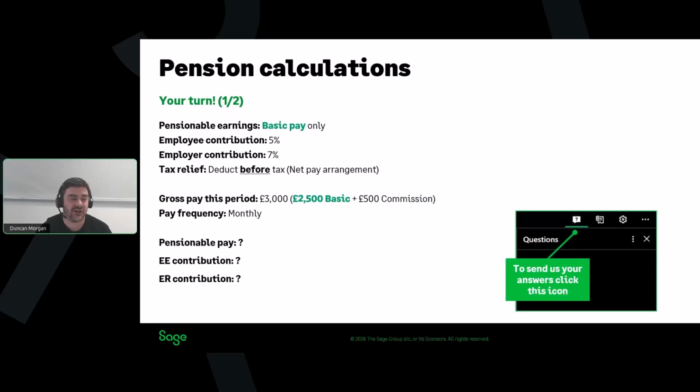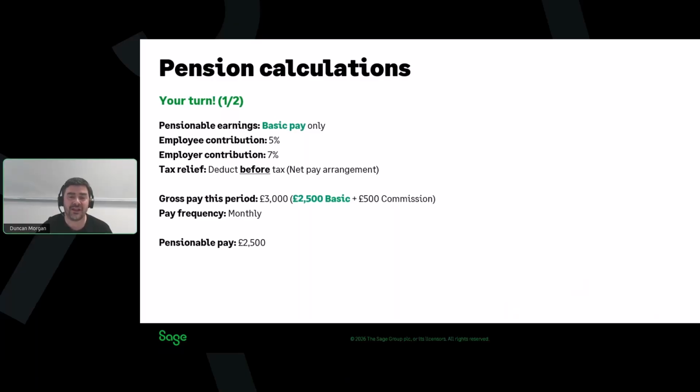Just in the interests of time, I will start to work through the solution. So the way that you would work this one out is by first establishing the pensionable pay, which in this case was basic pay only. So this month it was £2,500. The employee's contribution was 5% of £2,500, which of course is £125.